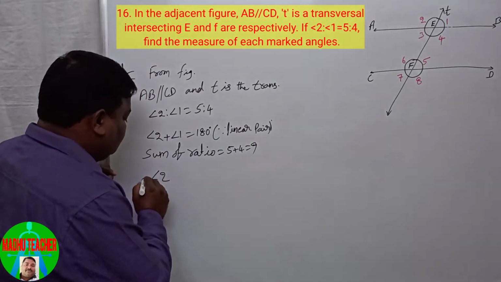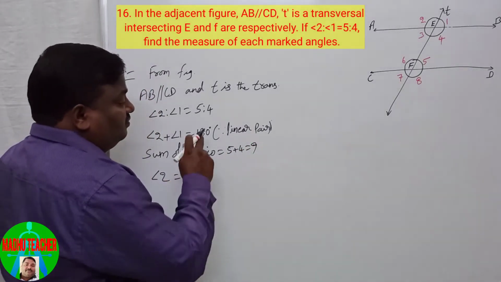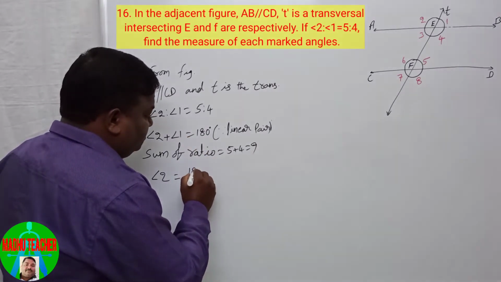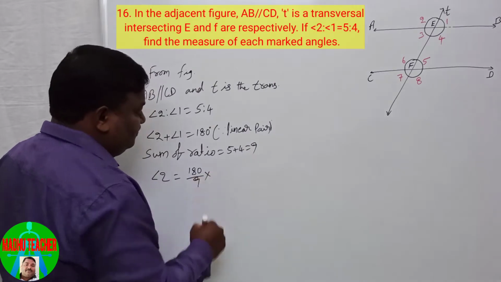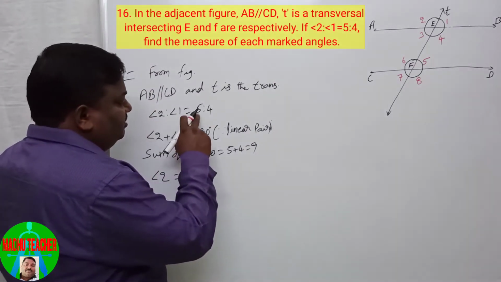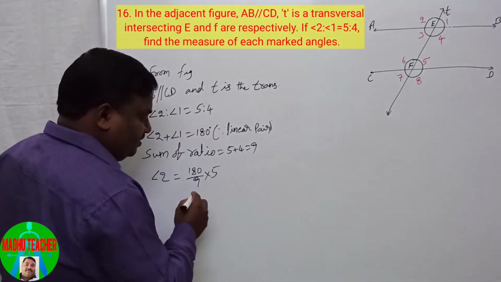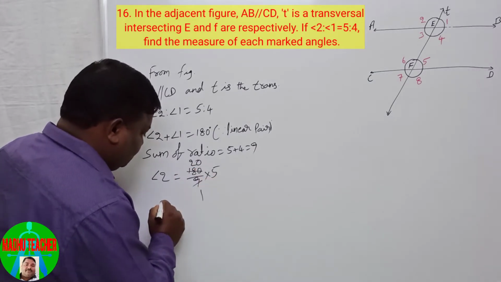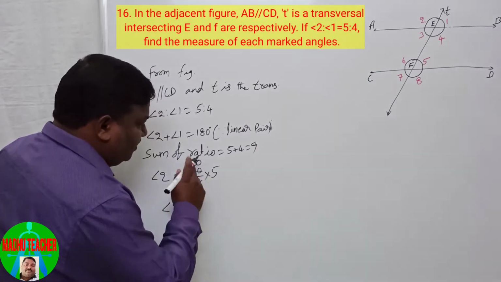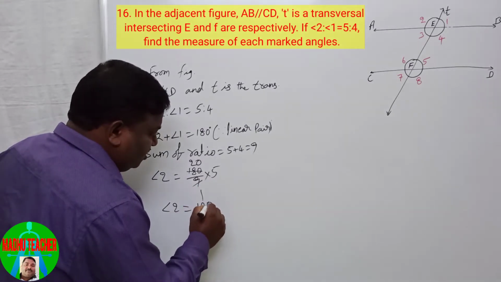Therefore, angle 2 equal to 180 divided into 9 parts, into 5, since angle 2 is 5 parts. 9 twos are 18, so 180 divided by 9 is 20. That is angle 2 equal to 5 twos are 10, that is 100 degrees.